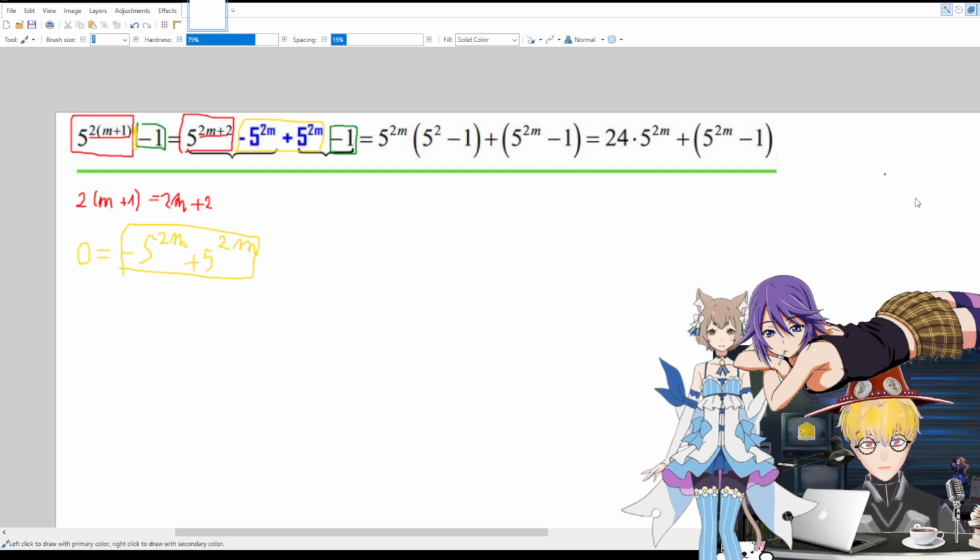Now to the next steps, explaining these parts. So 5m, 2m, that is self-explanatory. It is here. Now these parts, what does the 5 to the power... Wait.